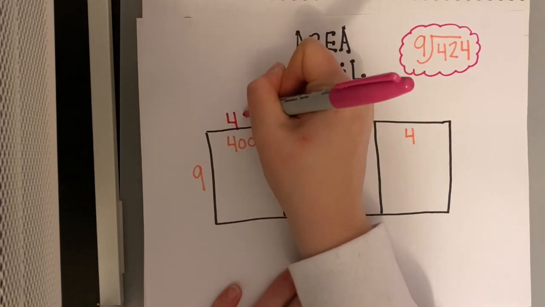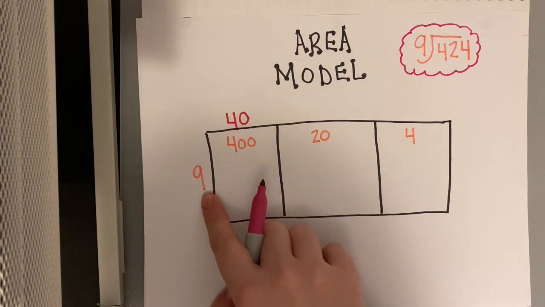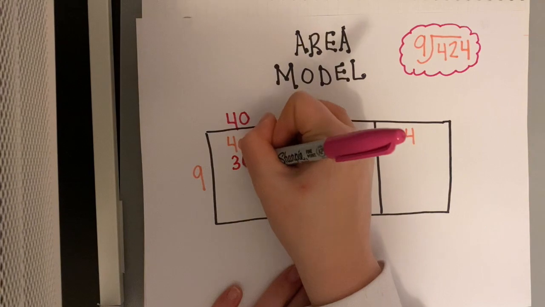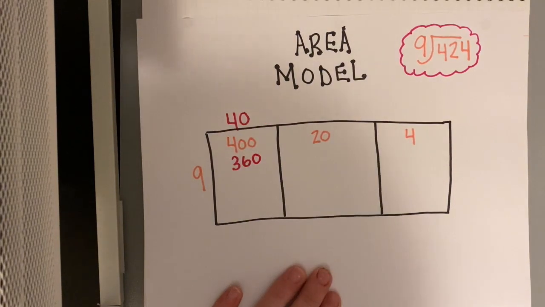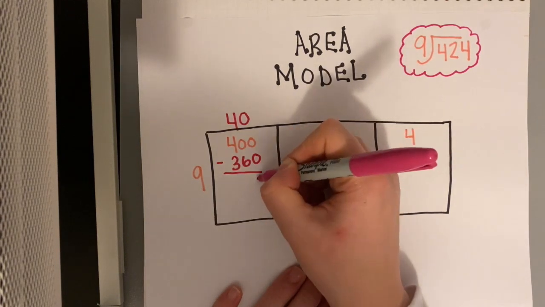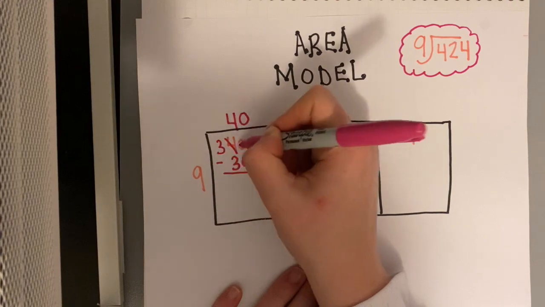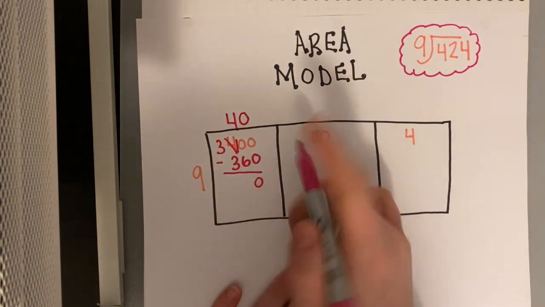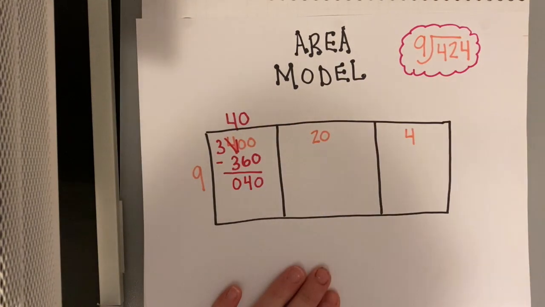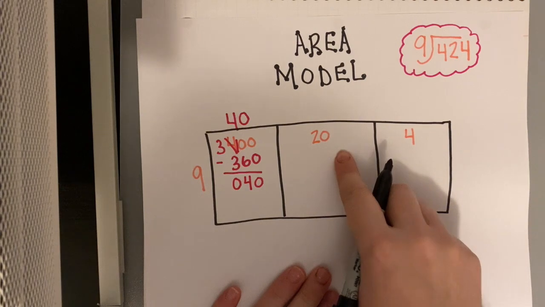Then I'm going to add that 0 to replace it. 90 times 4 is 36, and I just add my 0 there on the end. I'm going to minus that. 0 minus 0 is 0. 0 minus 6, oh, I can't do that, so I have to borrow. 10 minus 6 is 4. Put my 0. Okay, so I have numbers left over that I have to bring over to this 20.